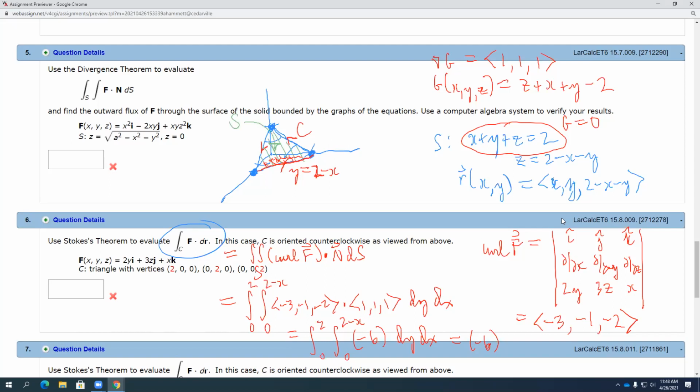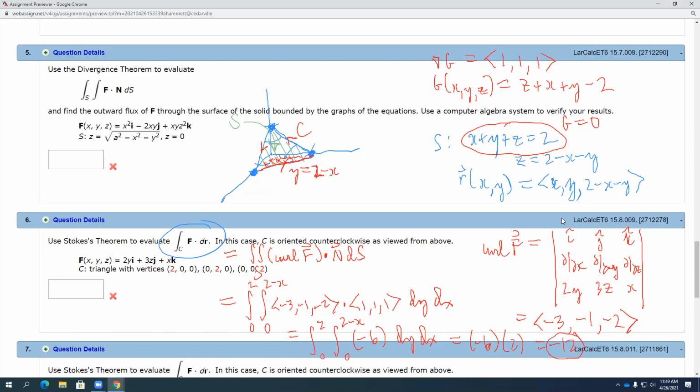It's 1/2 base times height. The height is 2 and the base length is 2. So it's 1/2 times 2 times 2, which is 2. So we get -12 in this particular case.